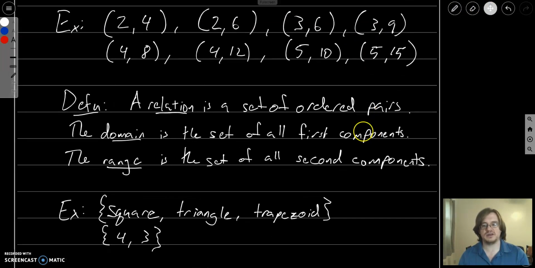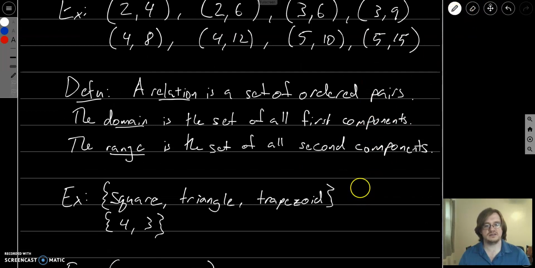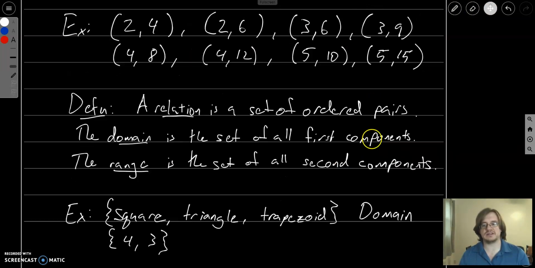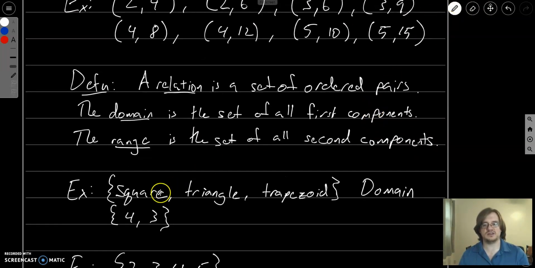So that would make up the domain of this relation. The range is going to be everything on the right-hand side. So 4, 3, and we already mentioned 4, so we don't have to list it again. So the range is just going to be the set containing 4 and 3.